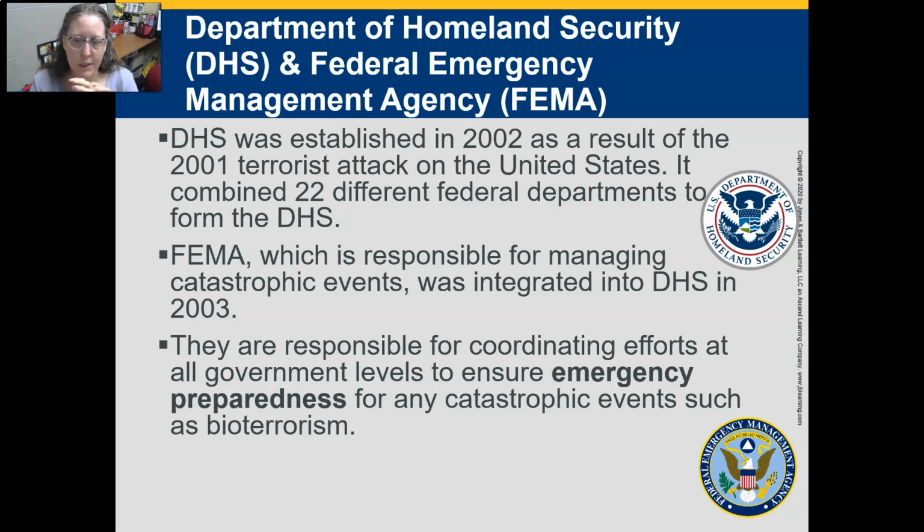And so they are responsible for coordinating efforts at all government levels, from local, state, federal, to ensure emergency preparedness for any catastrophic events such as terrorism or bioterrorism. In healthcare, we would be more concerned with bioterrorism, but terroristic efforts like bombings and things like that also need a response that is appropriate to manage the casualties and the possible effects of it.